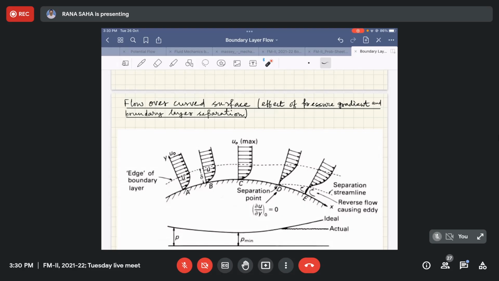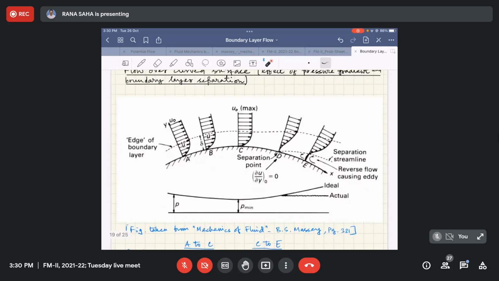Here, as we have a curved surface, you can have a situation where the boundary layer, or in other words the flow, may not be able to attach itself to the boundary throughout its passage over the curved surface.